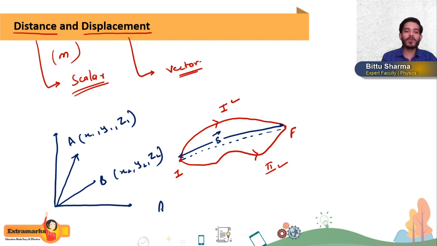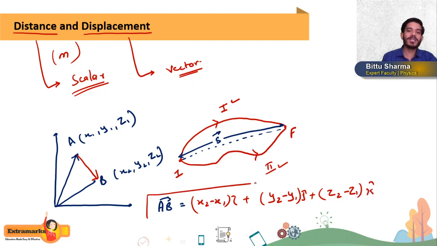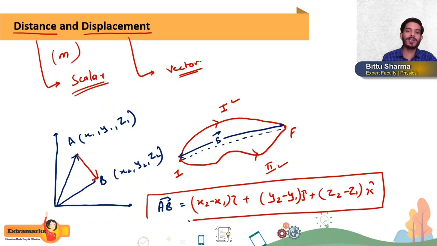Now, students, if you calculate the vector AB, vector AB will start from point A and go towards point B. Its value will be (x2 minus x1) i cap plus (y2 minus y1) j cap plus (z2 minus z1) k cap. So this will be the vector AB. I hope you are getting this, students.